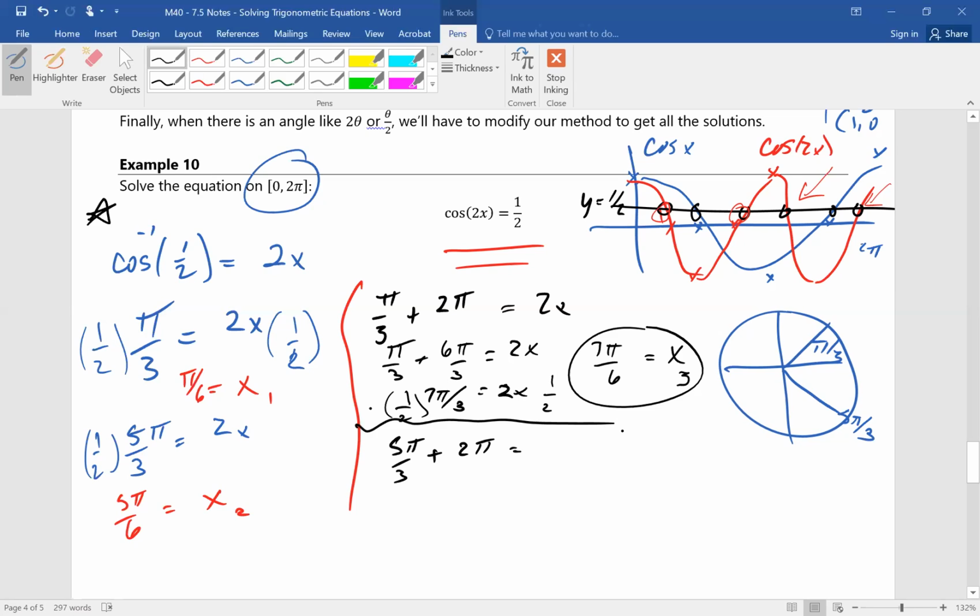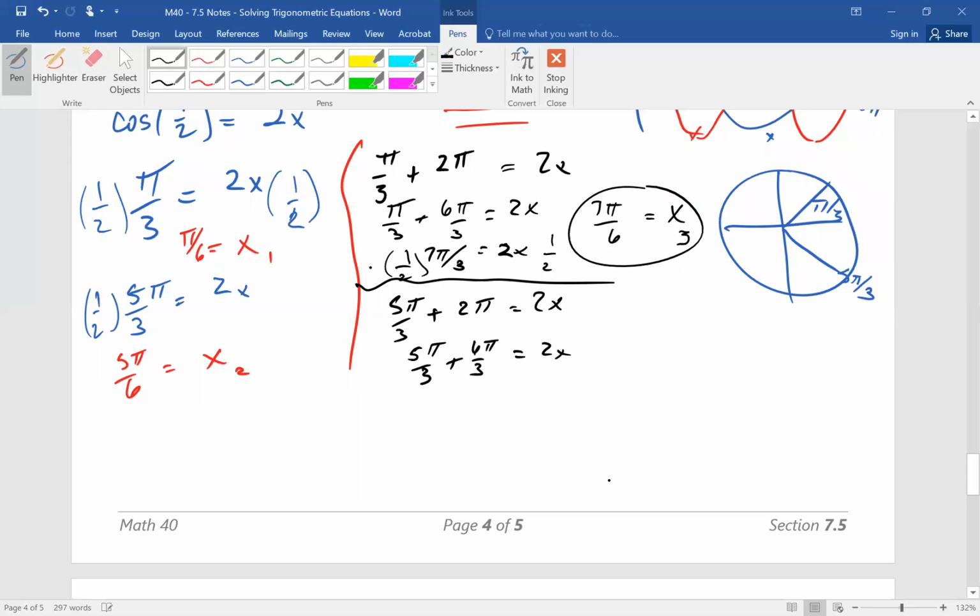So let's do it for the other one too. So we did that one. But if you rotate around, and again, that'll equal the double angle. If you divide both sides by half, well, actually, before I do that, let's put together that other side. And let's see, 5 pi over 3 plus 6 pi over 3 again equals 2x.